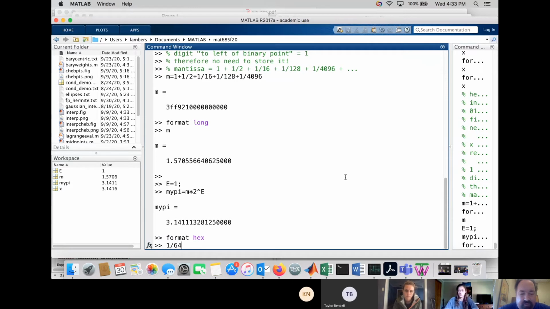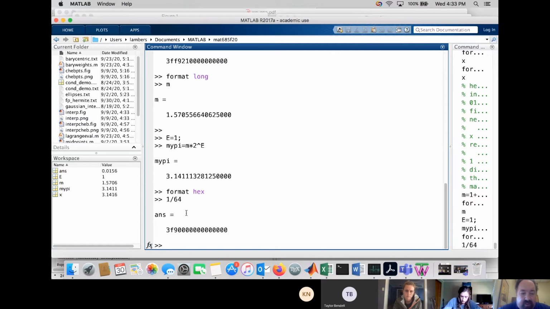So if I go back to format hex and I do a negative power of 2, like 1 over 64, what we have here is, if you ignore the first 3 characters, the rest is the mantissa. There's nothing. Why? Because your mantissa is equal to 1.